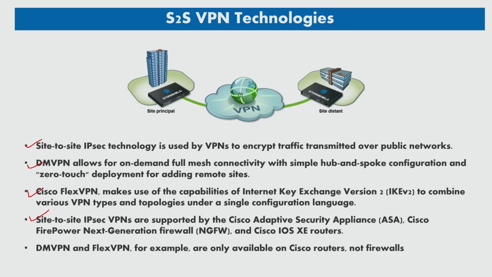Site-to-site IPsec VPNs are supported by the Cisco Adaptive Security Appliance, or ASA, firewalls, and Cisco Firepower Next-Gen firewalls and Cisco IOS XE routers, right? Also, DMVPN and FlexVPN, for example, are only available on Cisco routers, however, not available in firewalls.